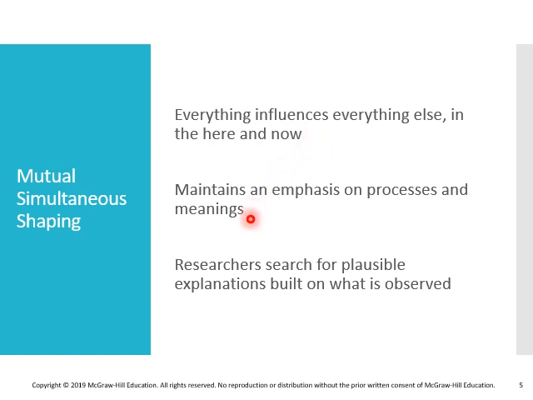And so, as communication researchers who are interested in qualitative research, we put the emphasis on the process that happens and the meanings that come out from those events of that process. As qualitative researchers, we seek plausible explanations. Remember, subjectivity, there are many possible interpretations and many possible explanations.